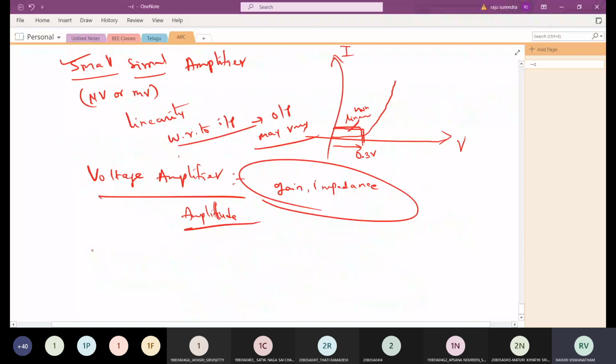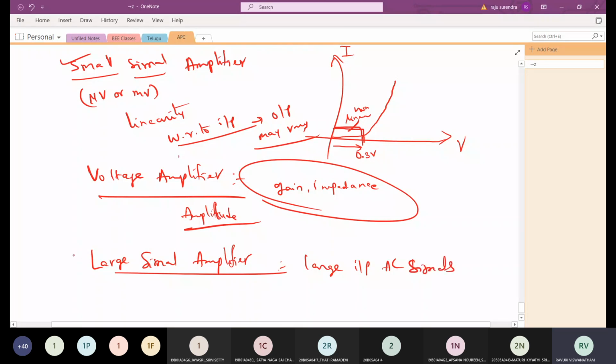And when coming to the large signal amplifier, this is also as in the title. These large signal amplifiers work with large input AC signals.